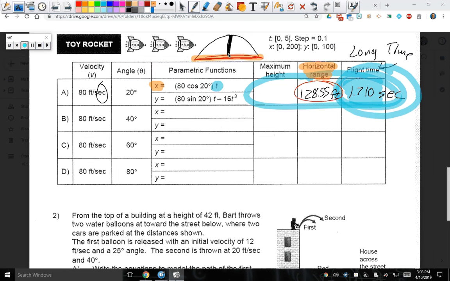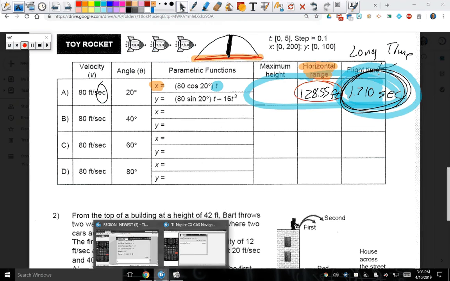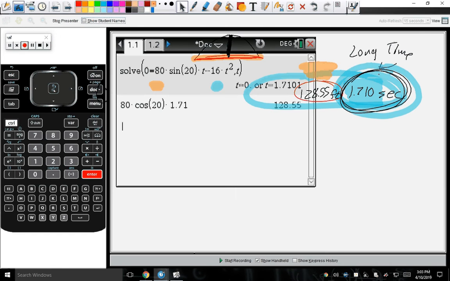Okay? What could I do with this number to find this y value? Divide by 2. Cut it in half. Here we go. So go into my calculator. We're going to cut this 1.710 divided by 2, which gives me half the time.